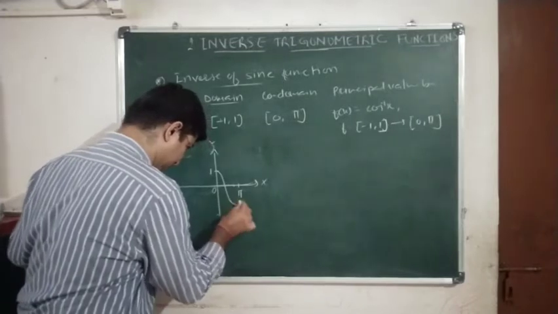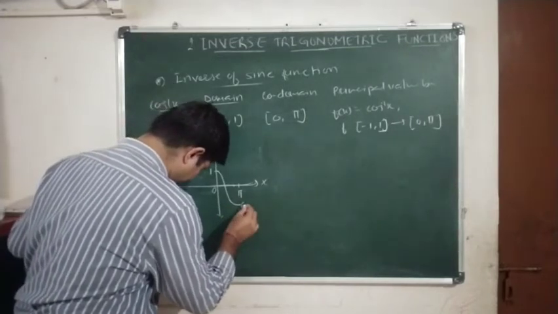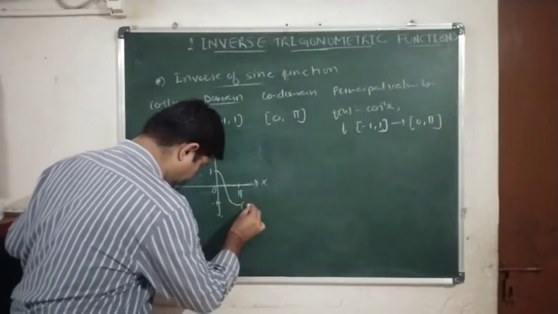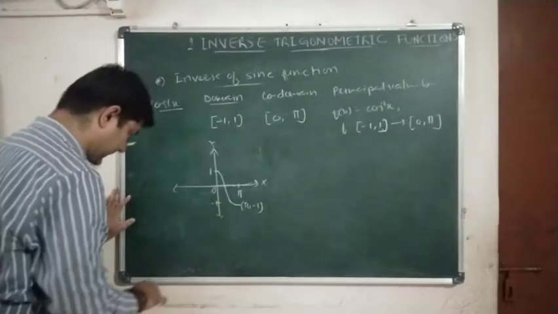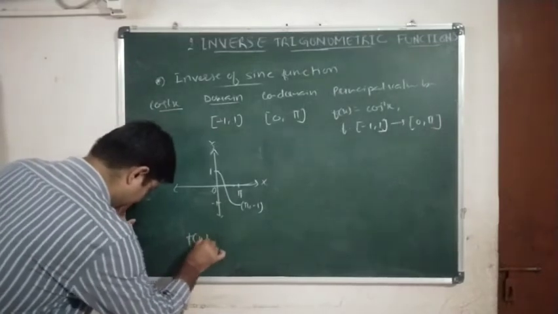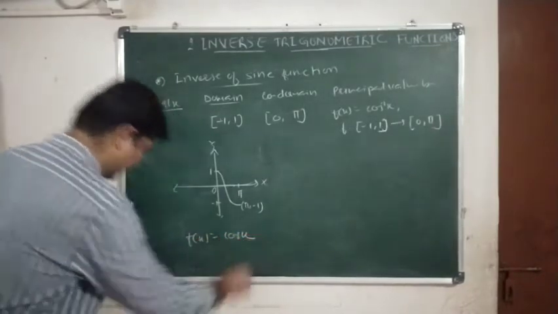Okay, this is the graph of the function cos x, yes or no? This is the graph of the function f of x is equal to cos x.